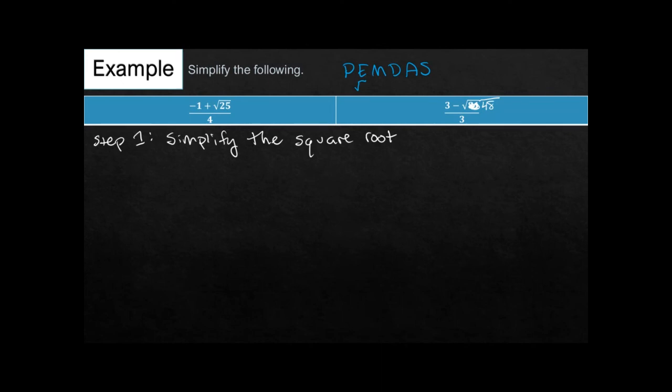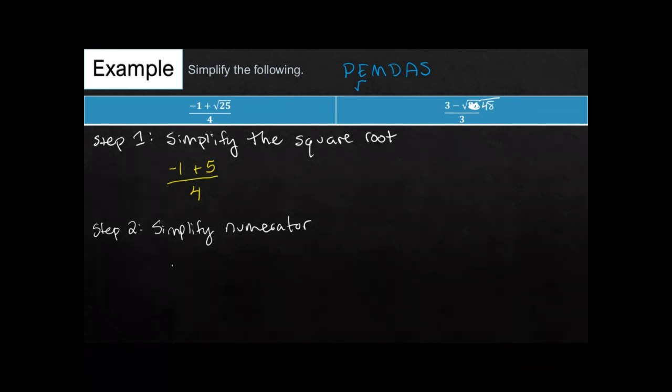So we need to take the square root of 25, which in this case comes out to a whole number, that's 5. So we get -1 plus 5 over 4. So step 2 is we need to simplify the top. Simplify the numerator. So that's what we do with the order of operations.